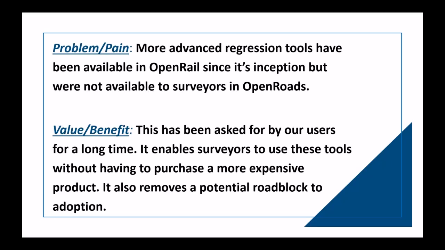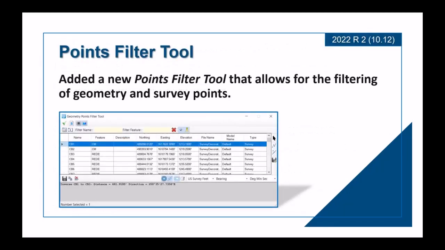But when we went to ORD, those tools were only available in OpenRail, and you had some simple best fit tools in OpenRoads. So our users had been asking for a long time, can you move those more advanced regression tools back to OpenRoads? And we've done that. Again, it prevents you from having to purchase a more expensive product just to use those tools. So that's a pretty big thing we did in 2022 R2.